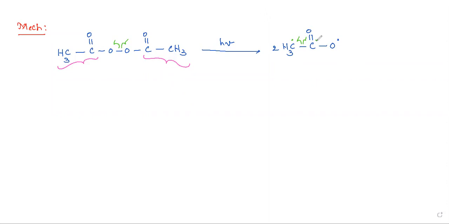Now we can form a bond between these two. So from this we get two methyl free radicals. Of course, carbon dioxide.